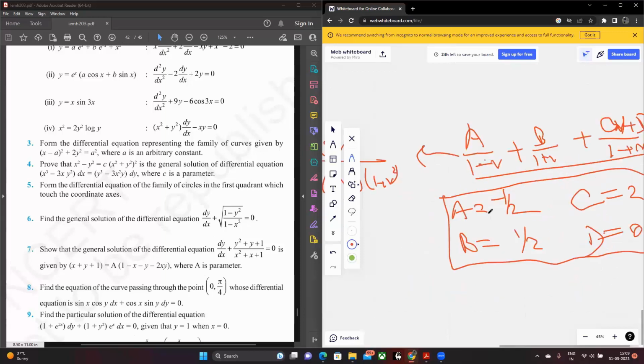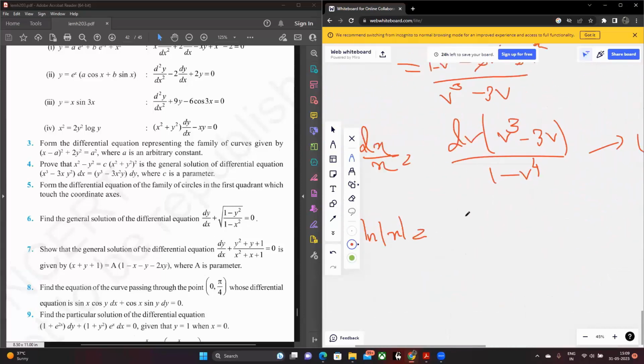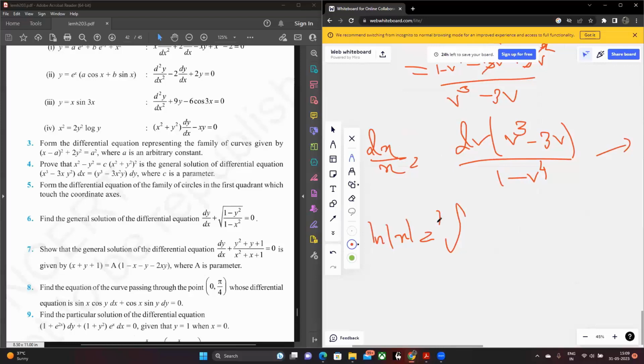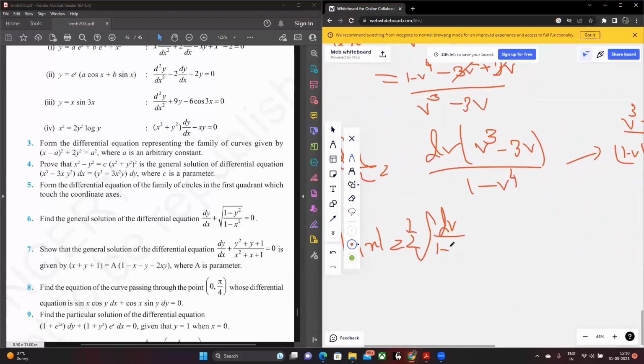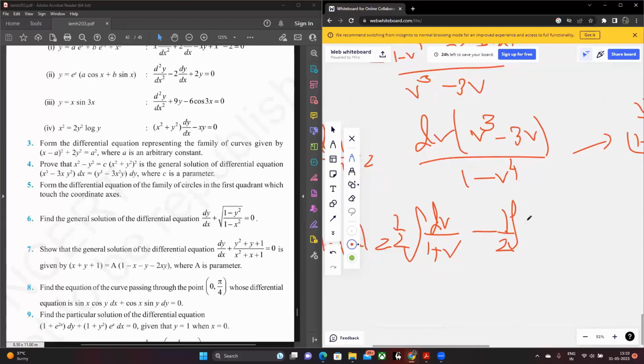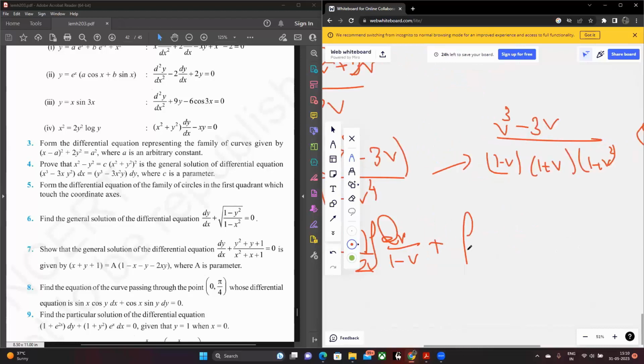Basically, you're going to end up with half integral of dv by 1 plus v minus half integral of dv by 1 minus v, plus integral of 2v dv by 1 plus v squared.